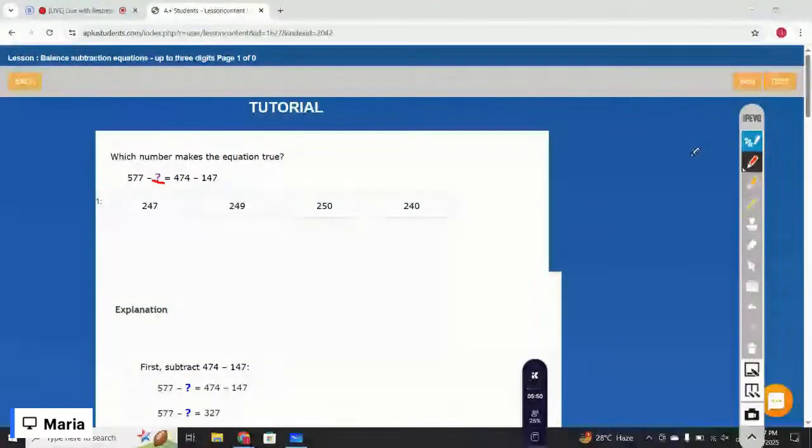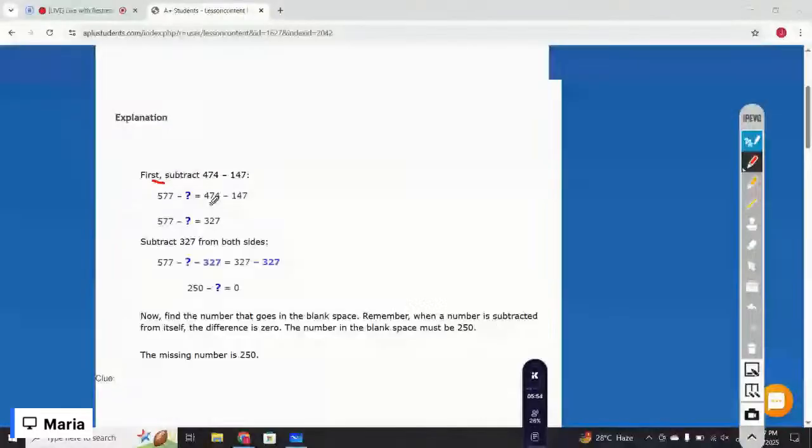For example, just start with the side given both the numbers. They are 474 minus 147. So 474 minus 147 equals 327. So what we have to do, we need to subtract 327 from both sides.